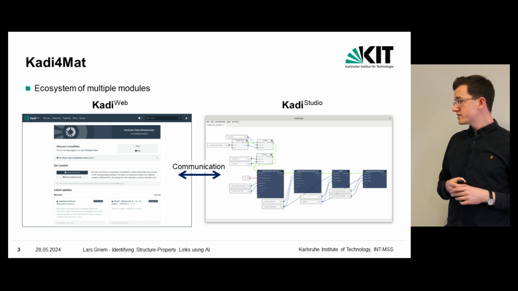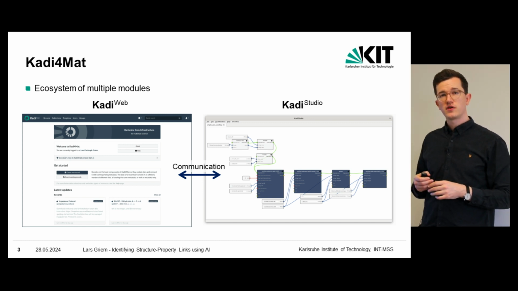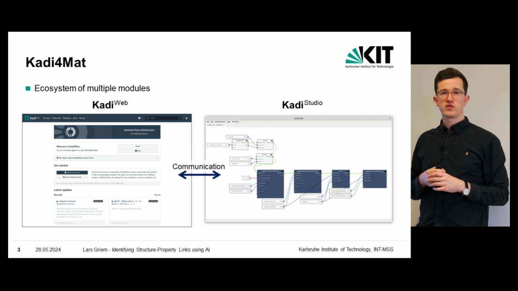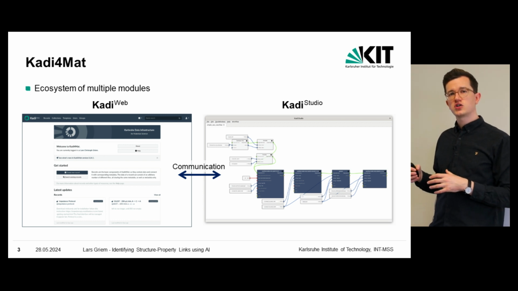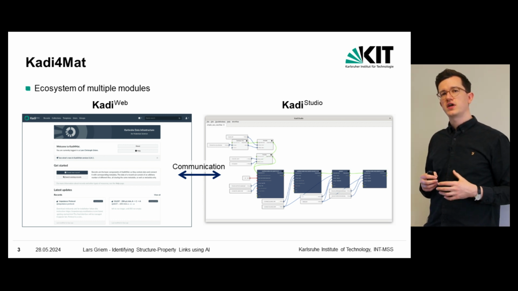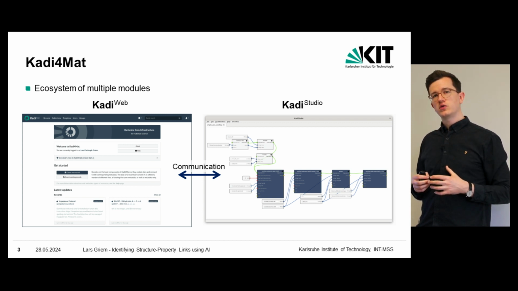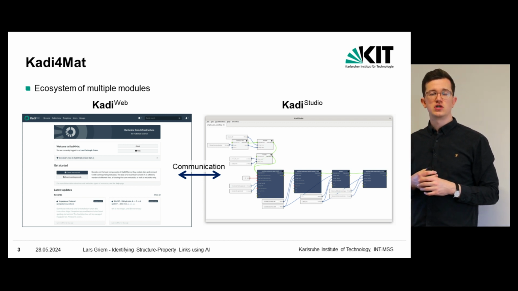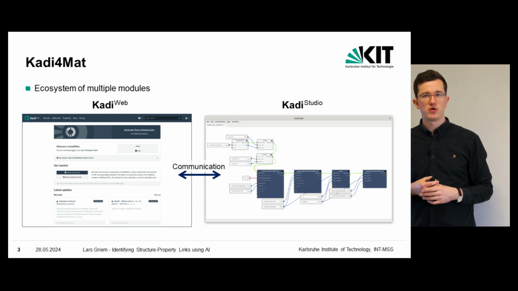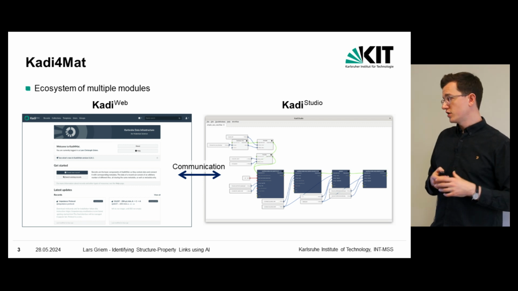As both of these components are part of Kadi4Mat, they can communicate with each other. That means within KadiStudio we can access all of the data that we have in KadiWeb, download it, then investigate it using machine learning algorithms, and finally upload our results back to KadiWeb.